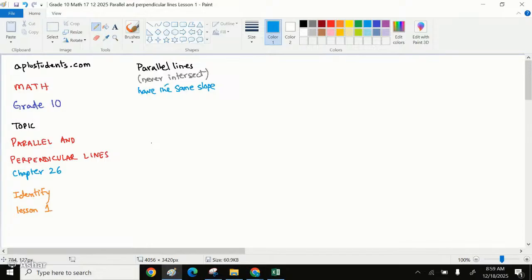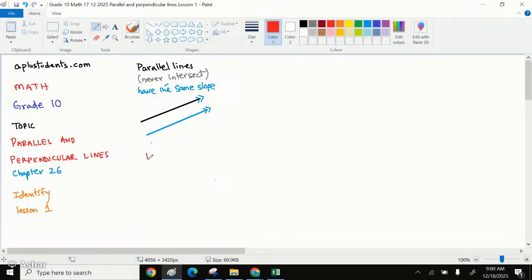Slope is also known as the gradient, the direction. Let's see an example. If we have line A and another line B, these two lines are parallel to each other. Line A is parallel to line B, this is the sign of the direction, and these two lines are parallel to each other, right?